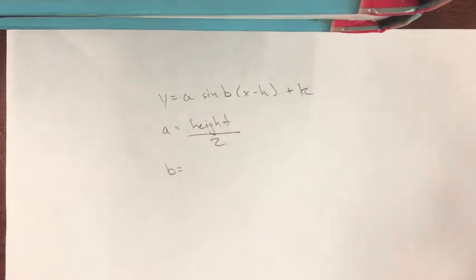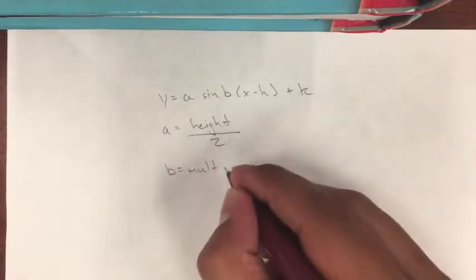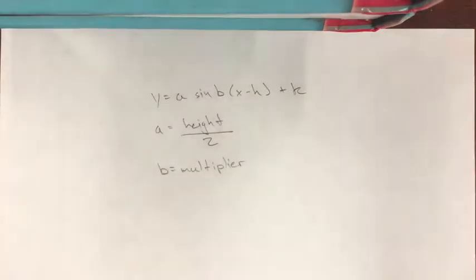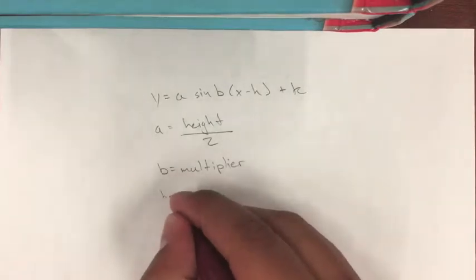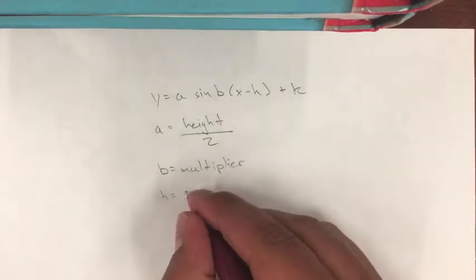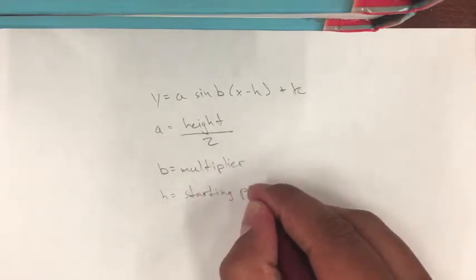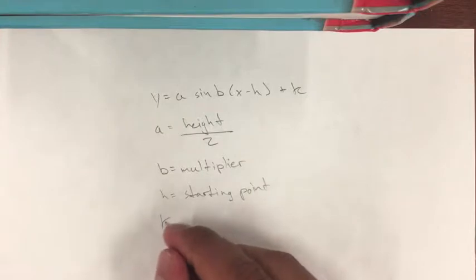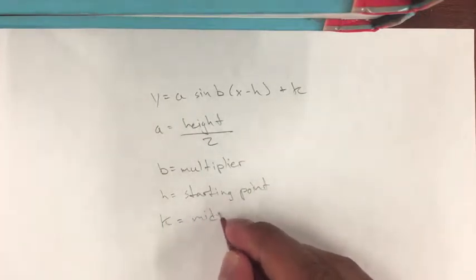B is the multiplier of the graph, so the b stands for the multiplier or the frequency. H is the starting point of your graph, and k stands for the middle of the graph.